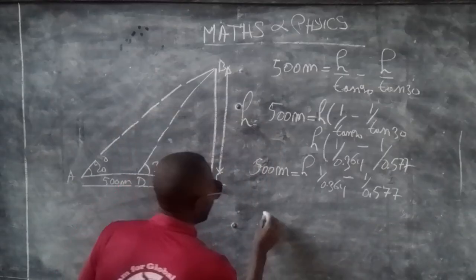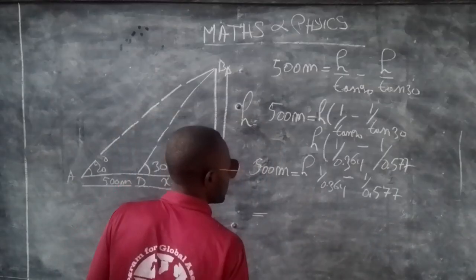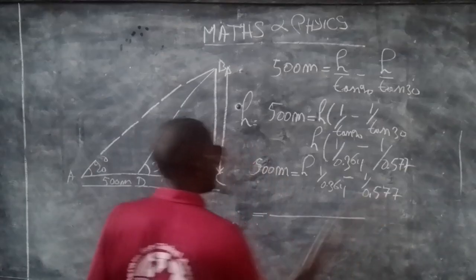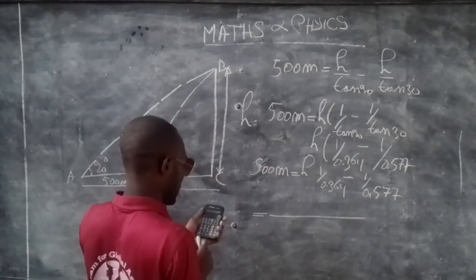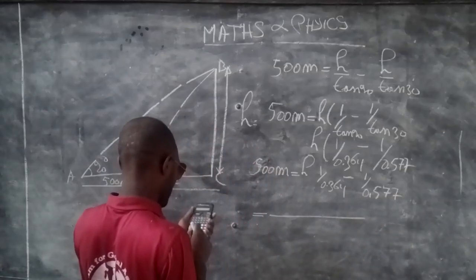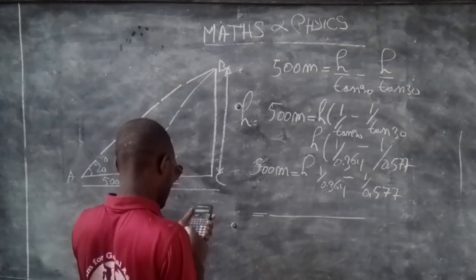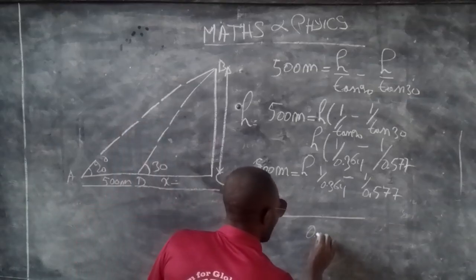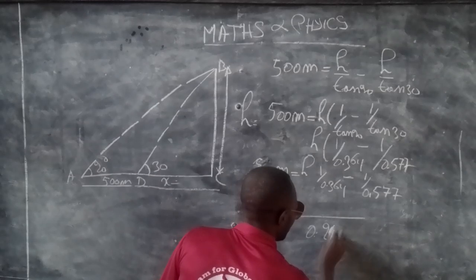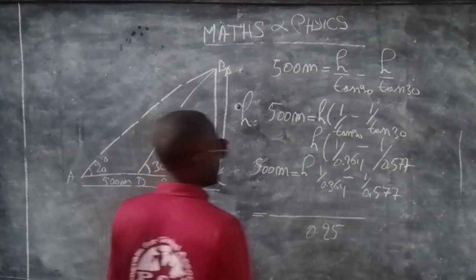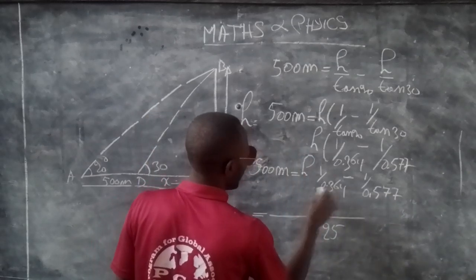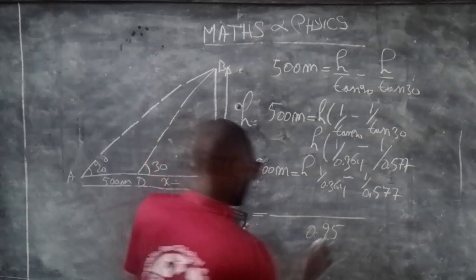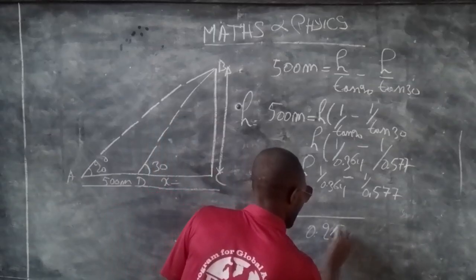This is also equal to a common denominator. You take 0.364 times 0.577. Here I get 0.21. Then I divide by 0.364.